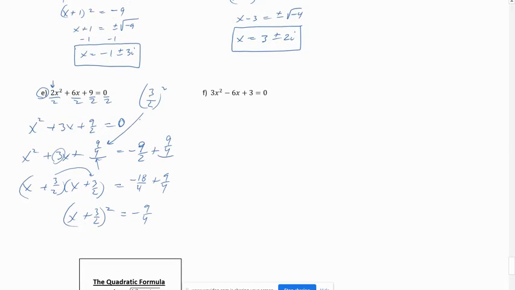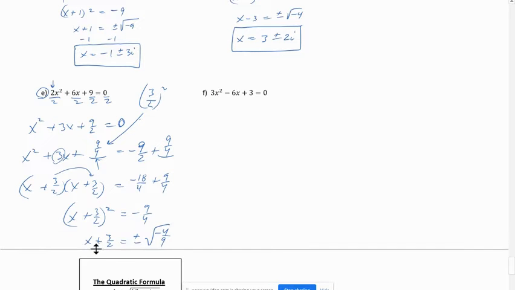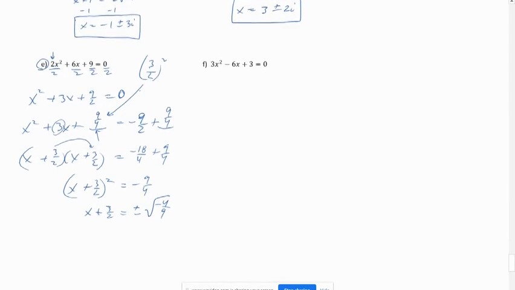So when I take the square root of both sides, I get x plus 3/2 equals plus and minus the square root of negative 9/4. And that is x equals negative 3/2. Sorry, this was 9/4, not 4/9.